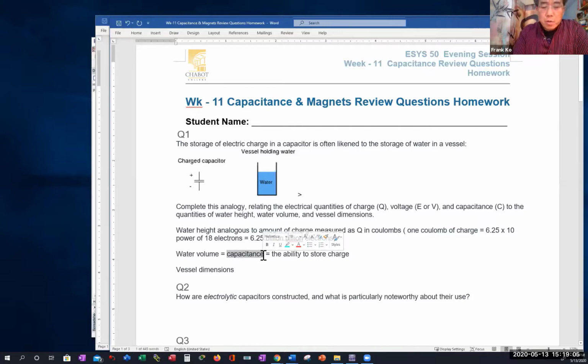Water volume would be analogous to voltage. Ability to store charge. Measured also in volts.